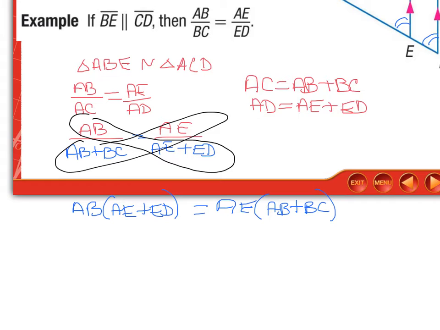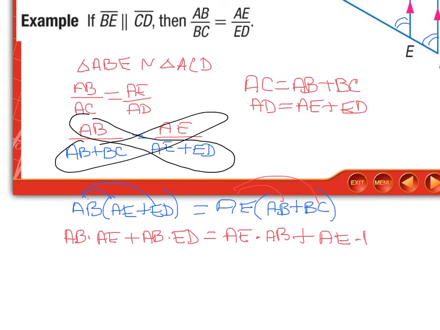Now we can use the distributive property. We have AB times AE plus AB times ED equals AE times AB, so we're multiplying here, plus AE times BC. Well, what do you notice here?